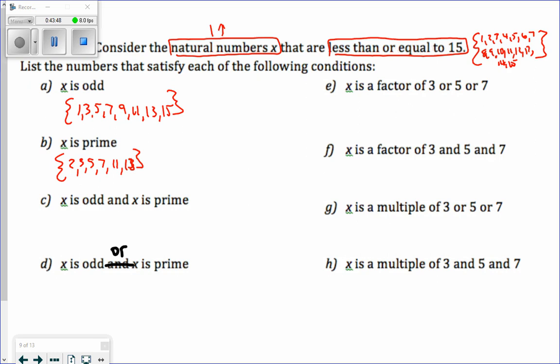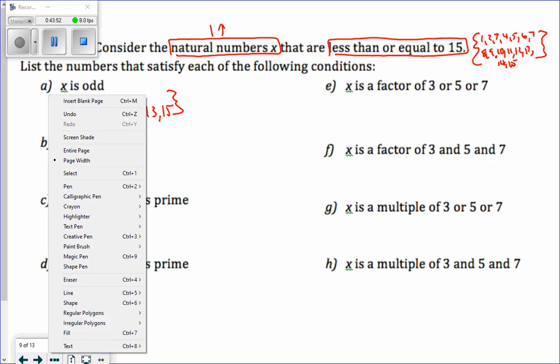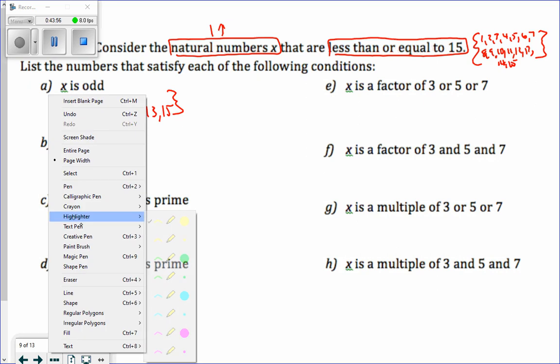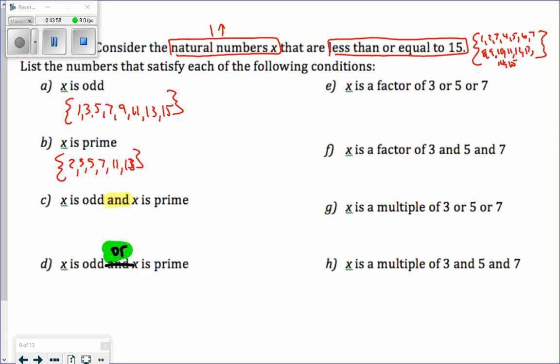All right. So here's where we're going to start focusing on some language here. And versus or. So when you see the word and, I want you to think of either the word both, and if you don't like that, think of overlap.